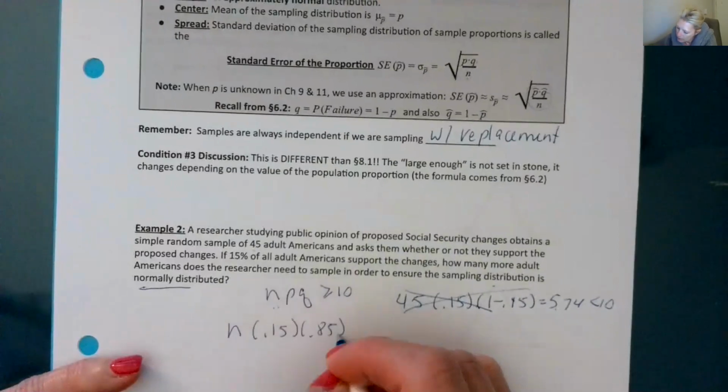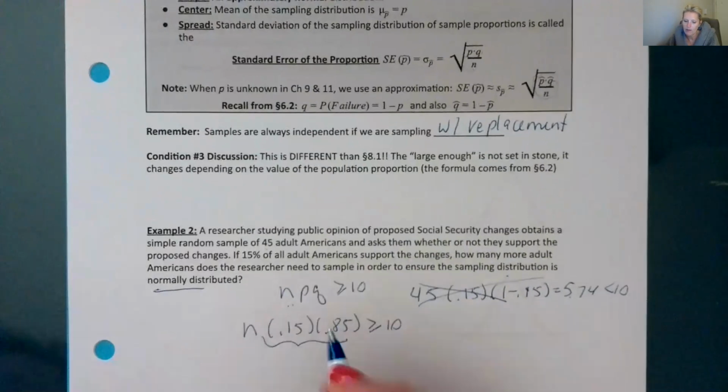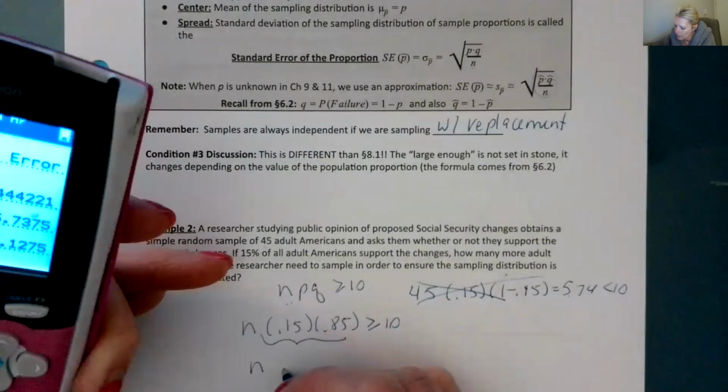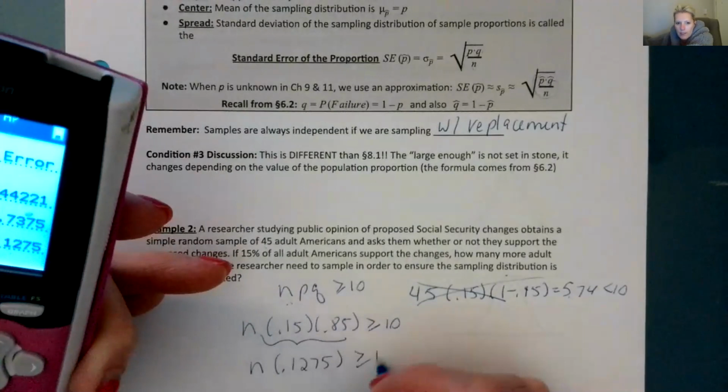Okay, so let's go ahead and find that 0.15 times 0.85. So n times 0.1275 has to be bigger than or equal to 10. So we need to divide both sides by 0.1275.